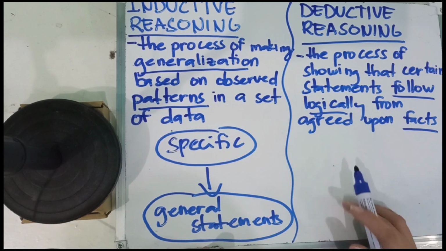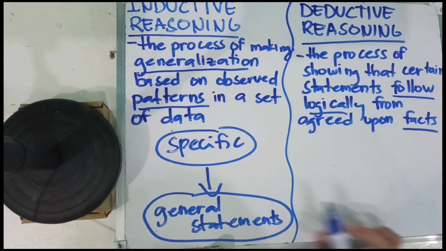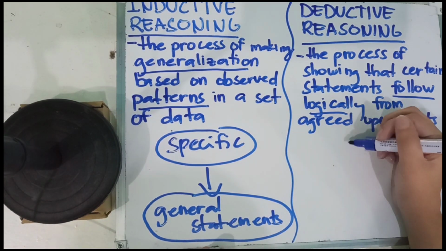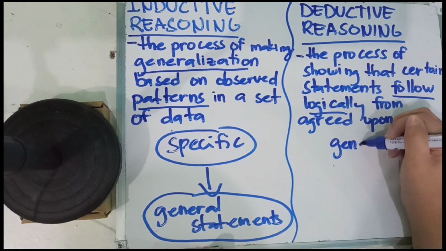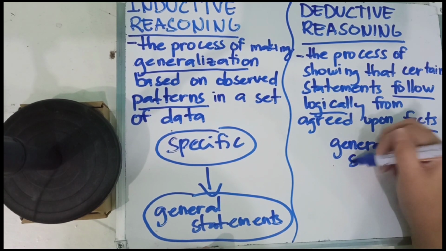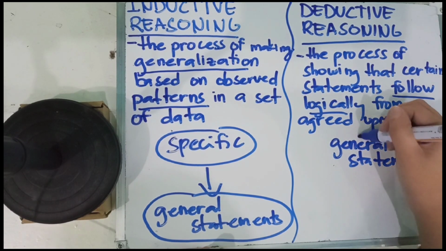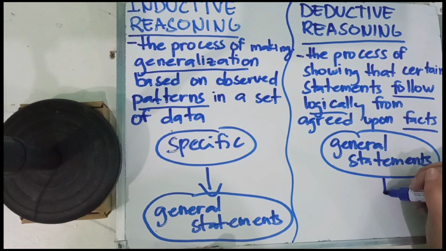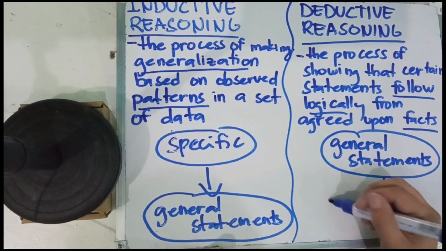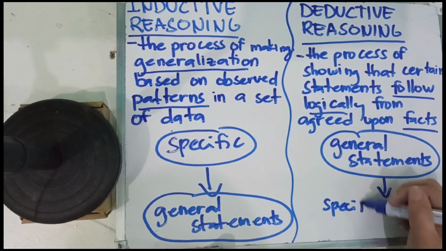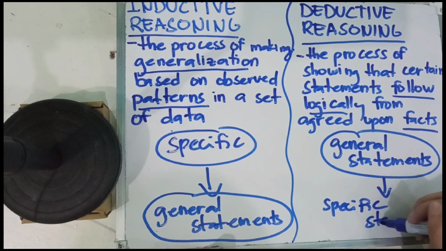So for inductive, you proceed from specific to general. For deductive, you are given general statements. These are the facts, the agreed upon facts. So from general statements, we proceed to specific statements.